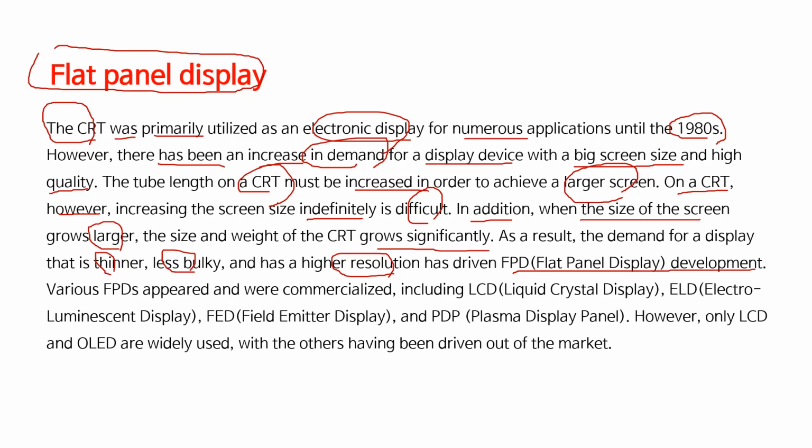Various flat panel displays appeared and were commercialized, including LCD, liquid crystal display, ELD, electroluminescent display, FED, field emitter display, and PDP, plasma display panel. However, only LCD and OLED are widely used, with the others having been driven out of the market.